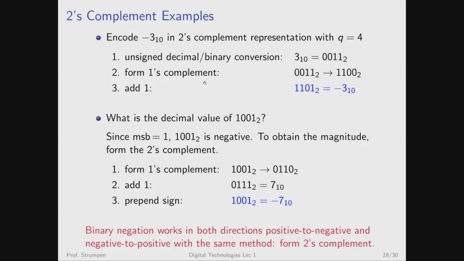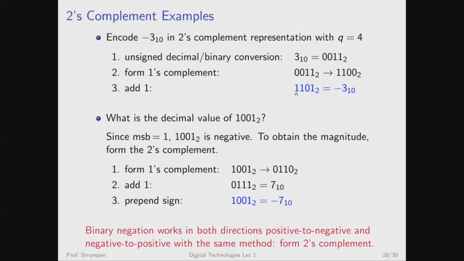You form the ones complement by flipping the bits. 0011 turns into 1100, and then you add the 1. Doing the addition by paper and pencil method gives you the number 1101, and that is the binary representation of negative decimal number -3. You notice that because the sign bit of the binary representation is 1 rather than 0.